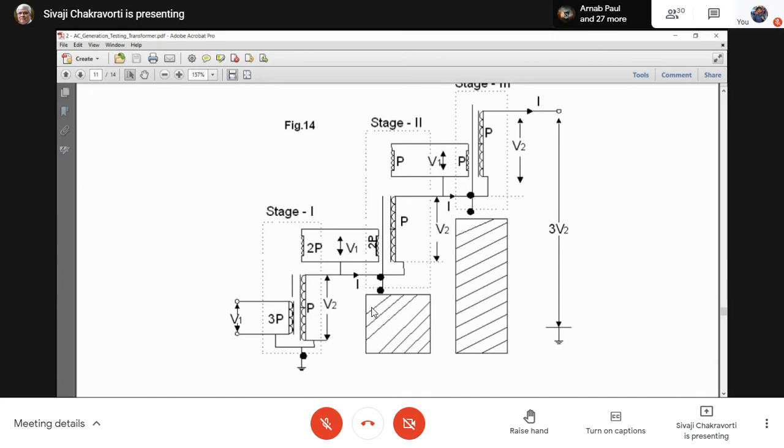But now a catch is coming. What is that? Normally you all know that the transformer tank is earthed. This is number one. Second point is, when I connect the upper terminal of the first transformer's secondary to the lower terminal of the second transformer's secondary, then this tank I cannot earth.